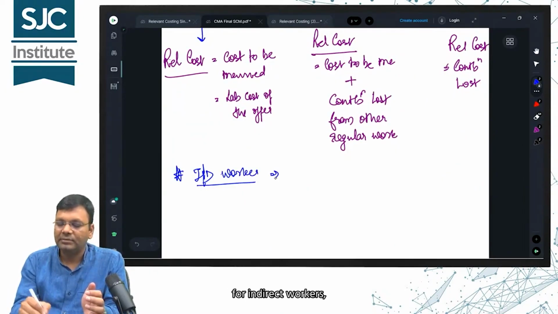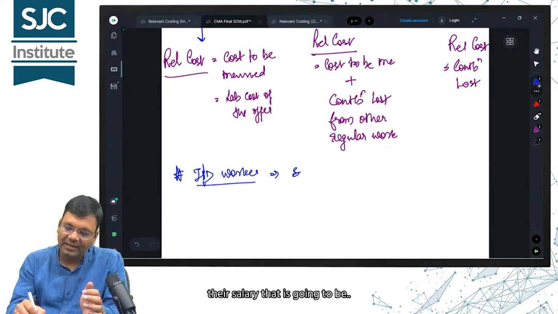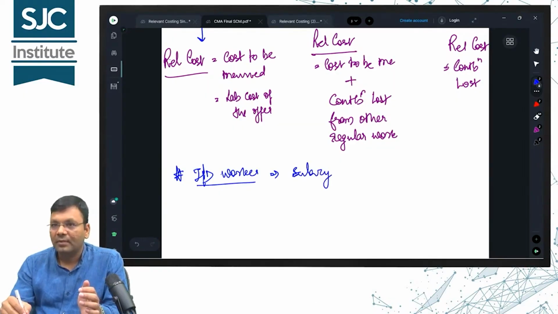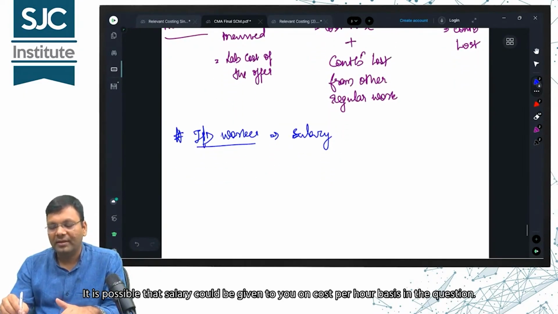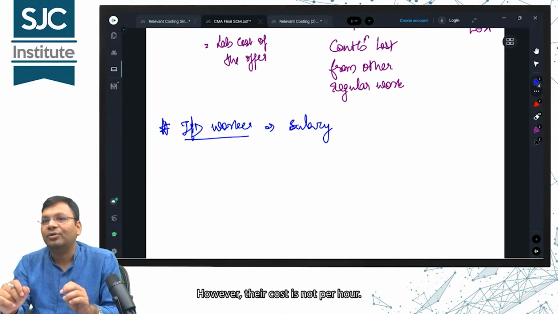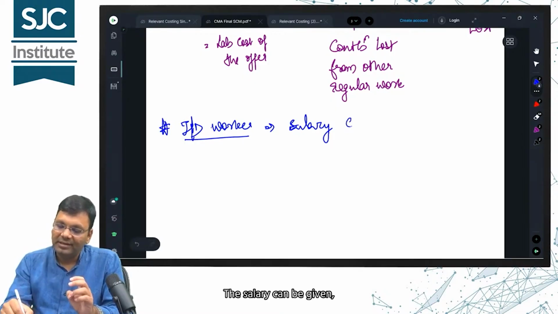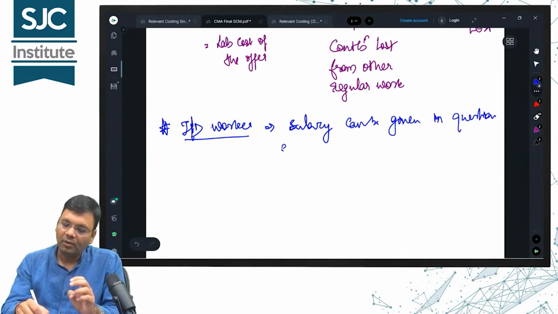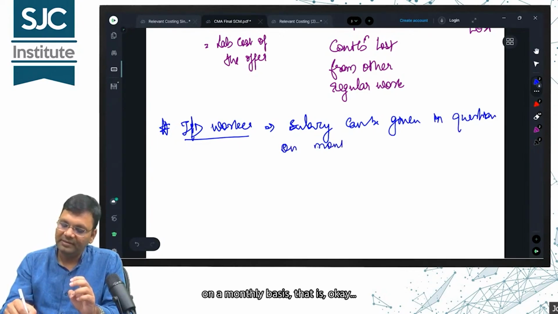For indirect workers, it is possible that salary could be given to you on a cost per hour basis in the question. However, their cost is not per hour. The salary can be given in the question on a monthly basis. That is okay.